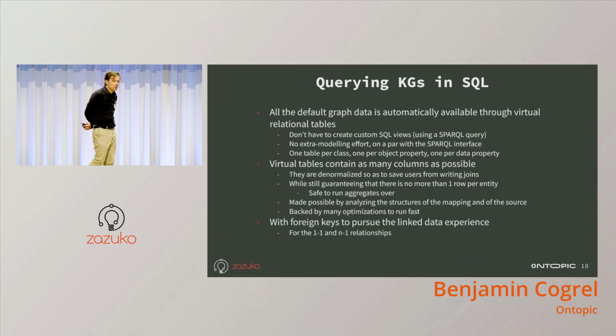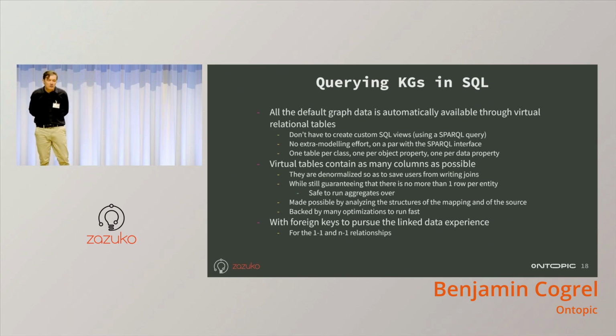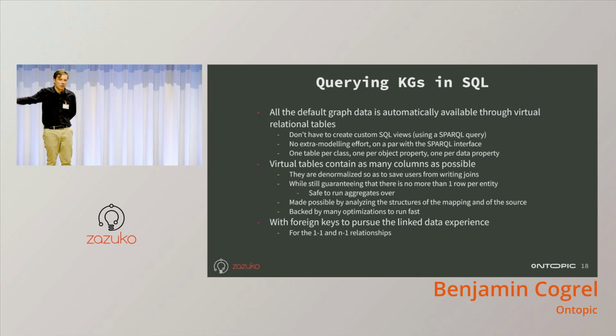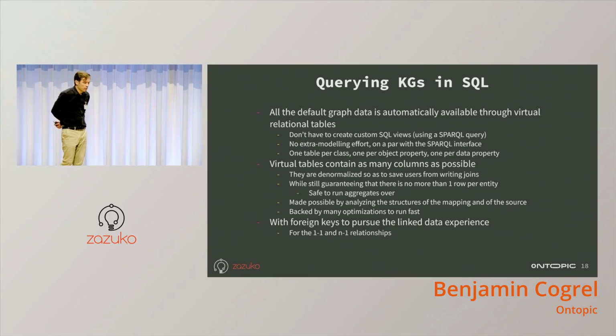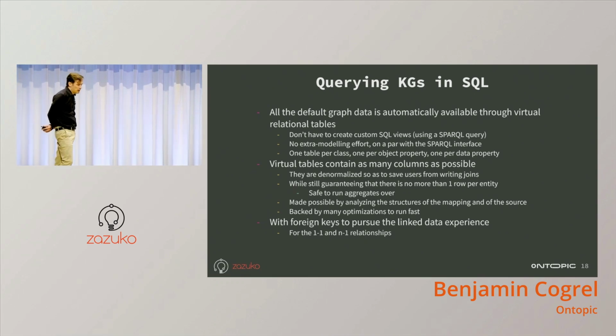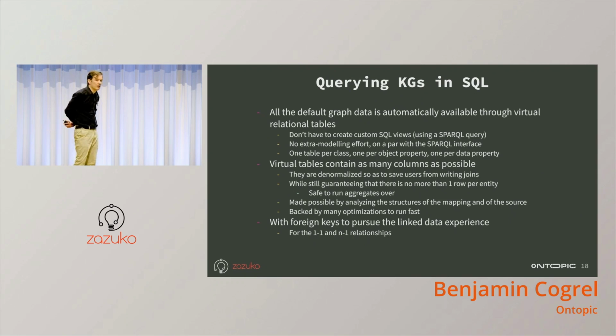It means that if you go to a table about a class, you won't only see the instances of the class, but you will see all the possible relevant columns talking about these instances. So if you have a table about person, you won't get only the ID of the person, but you get the first name, last name, email, address, the company they're working for. In that way, by denormalizing, it makes it much easier for people to query because they don't have to write joins. So the goal here is to minimize the number of joins they have to write themselves.